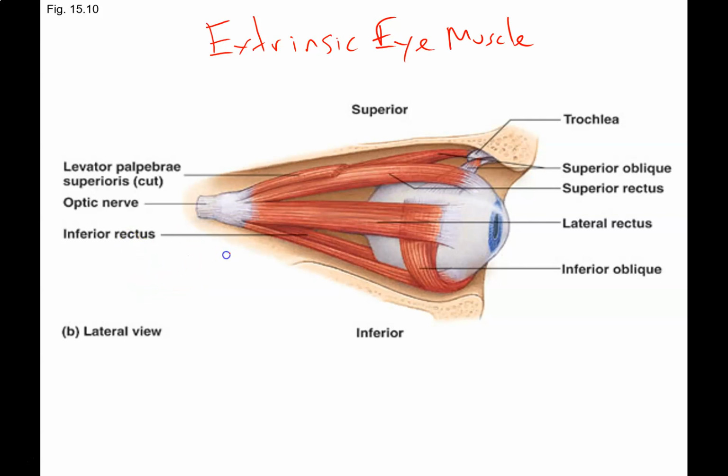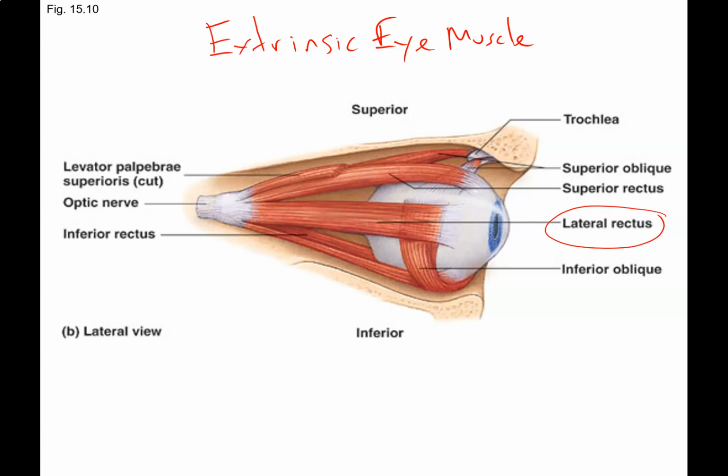The one that's located on the lower surface of the eye is the inferior rectus. When it contracts, it pulls your eyeball downward. Okay? You have a lateral rectus. Right? When it contracts, it pulls your eye laterally.